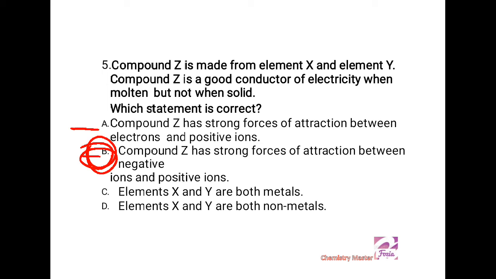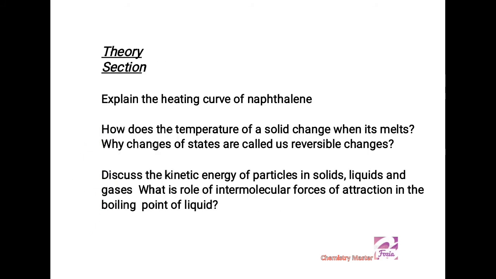C, element X and Y are both metals. No, it cannot be. Ionic compounds are formed when metals are bonded to non-metals. Similarly, option C and D are not possible. So what should be the right one? I have given enough clue about it.